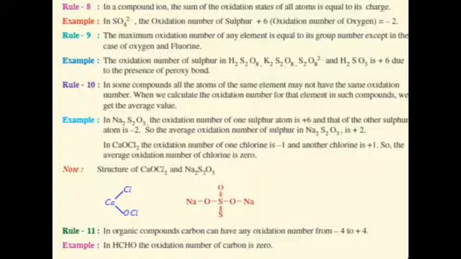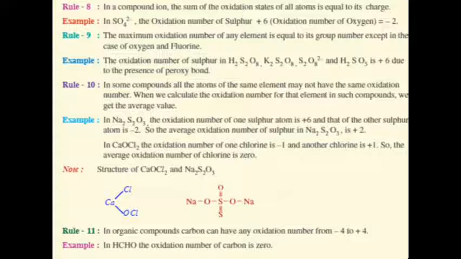So the average oxidation state of sulfur in Na2S2O3 is +2. In CaOCl2, the oxidation number of one chlorine is −1 and the other is +1, so the average oxidation number of chlorine is 0. The structures of CaOCl2 and Na2S2O3 are shown here.